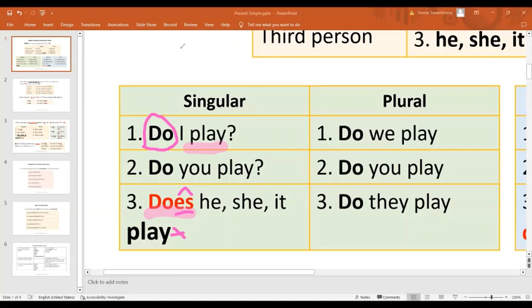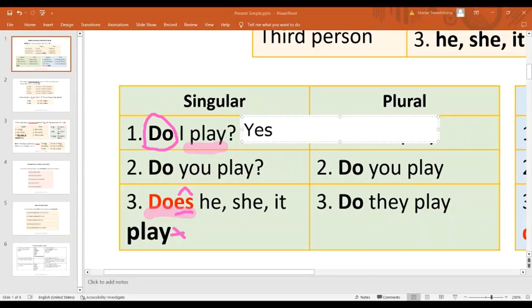So let's use here only positive answers. So here it will be yes, I do. When you answer a short question in English, you don't say yes, I play, right?